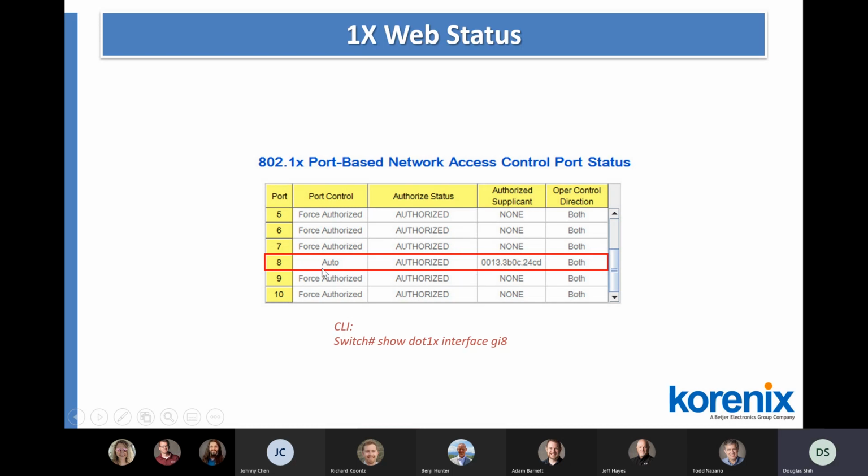But if you use auto, it will display the successful authentications on the port. For example, on this port, that means the client with this MAC address has finished authentication. So it will be displayed here.